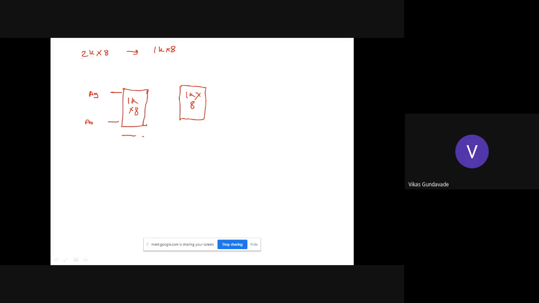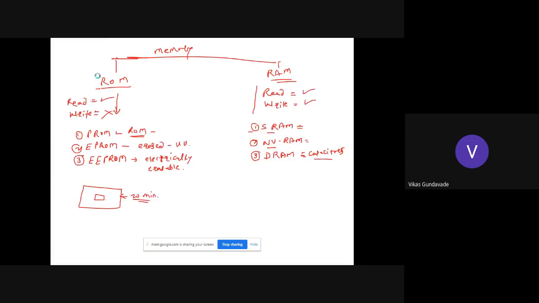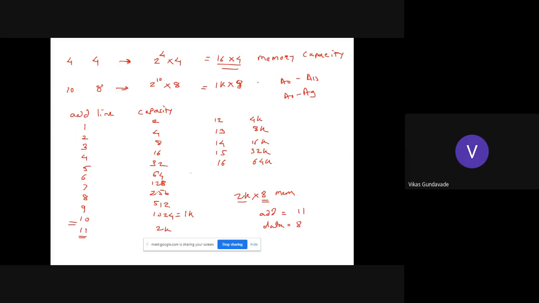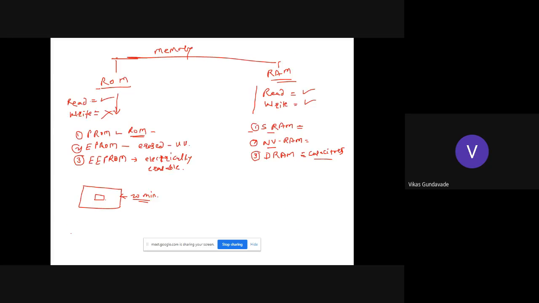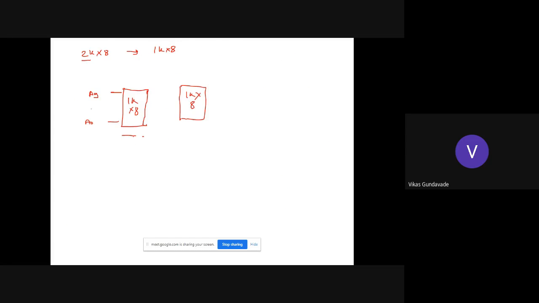Now for 2K, what do we need to interface? In the previous session, I told you that depending upon the address lines, the capacity of the memory which we are going to interface is decided. The required capacity of memory is 2K, and for 2K, 11 address lines are required. Here we are interfacing only 10 address lines, A0 to A9.